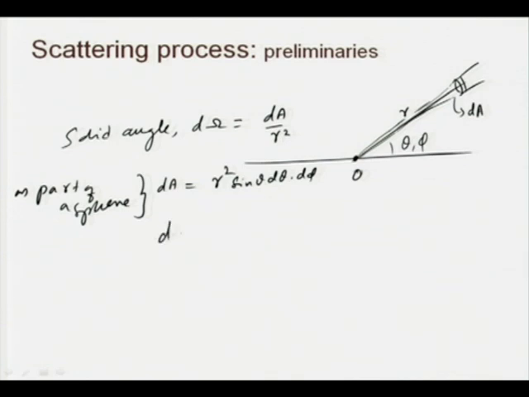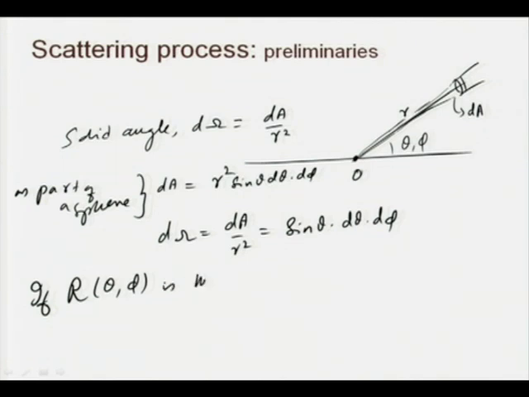So, solid angle d omega is dA over r square, which is essentially sin theta d theta d phi.